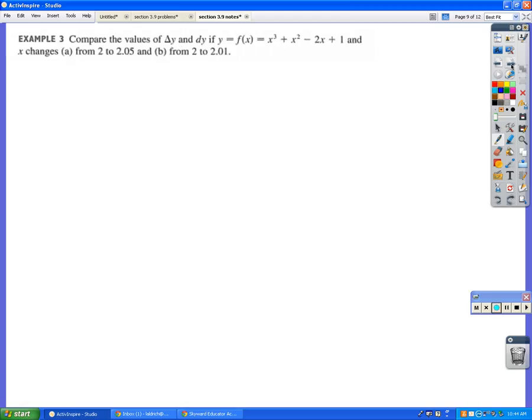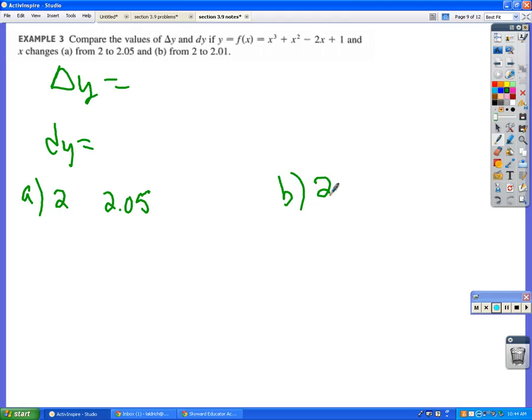So let me show you an example of what I am talking about. We're going to compare the values of the change in y with the value of dy in two different cases. One is when x changes from 2 to 2.05, and then another one is when x changes from 2 to 2.01.